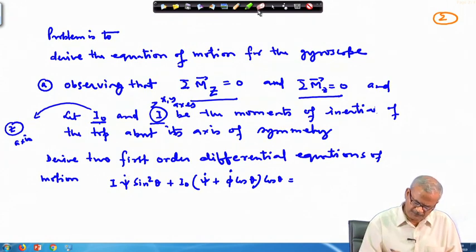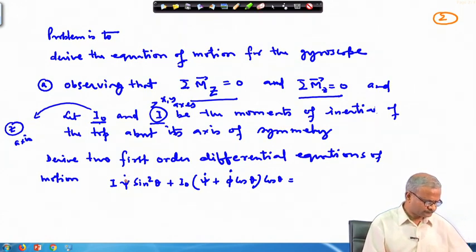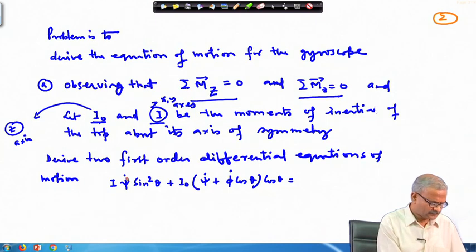There is some change of symbol we will do here. Because we have used phi dot for the spin, the same symbol I will continue with; I will not use a new symbol.